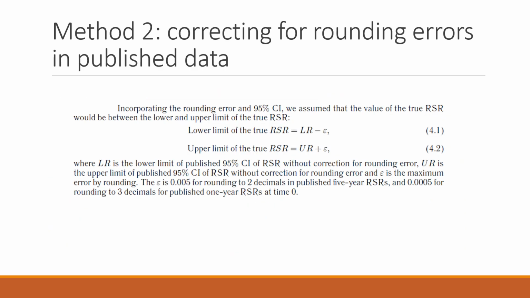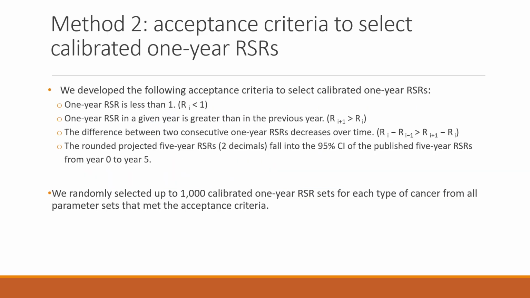Method 2. We used calibration methods to correct rounding errors in publications, under the same assumption in method 1. We developed the acceptance criteria to select calibrated 1-year relative survival ratios, including 1-year relative survival ratio is less than 1, and 1-year relative survival ratio in a given year is greater than in the previous year.